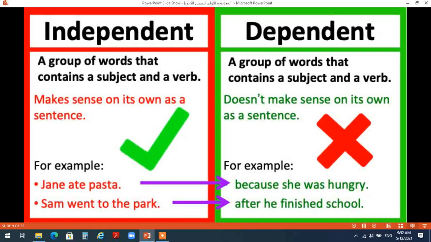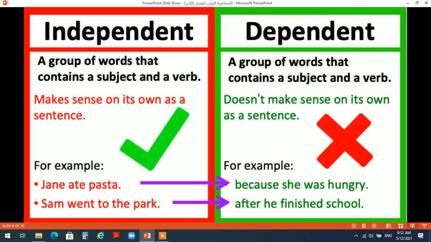First of all, if we want to define either a dependent or independent clause, we will say that it is a group of words that contains a subject and a verb. هذا التعريف تلاحظون ينطبق على النوعين، سواء كانت العبارة مستقلة أو تابعة. هي عبارة عن مجموعة من الكلمات وتحتوي على الفاعل والفعل في الحالتين. لكن الفرق ما بين العبارة المستقلة والعبارة غير المستقلة أن العبارة المستقلة makes sense on its own as a sentence، يعني هي عبارة متكاملة قائمة بحد ذاتها، إلها معنى مستقل، يعني ممكن إنه أستخدمها كجملة كاملة المعنى.